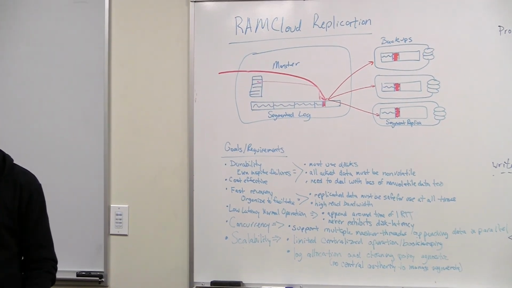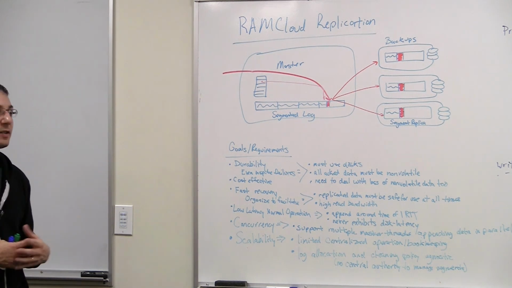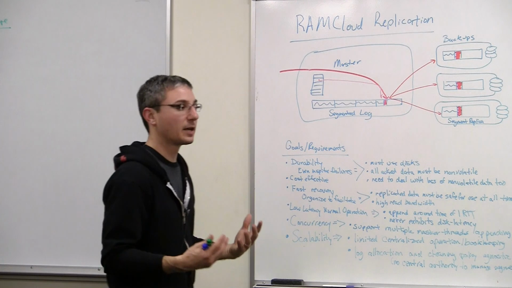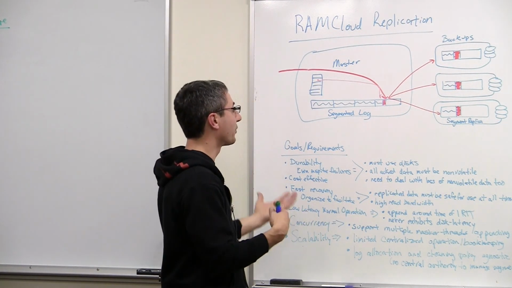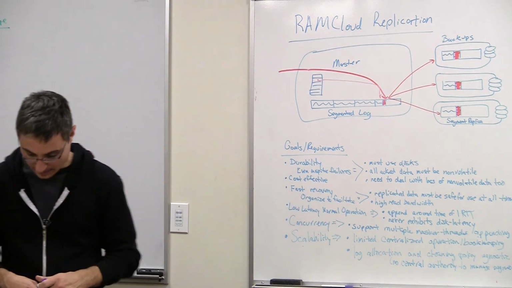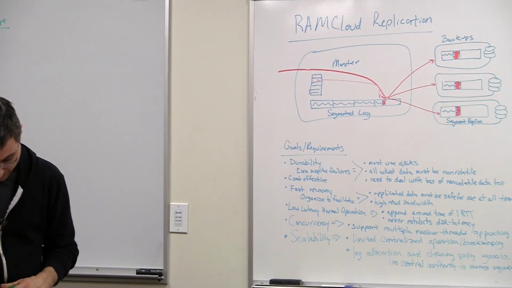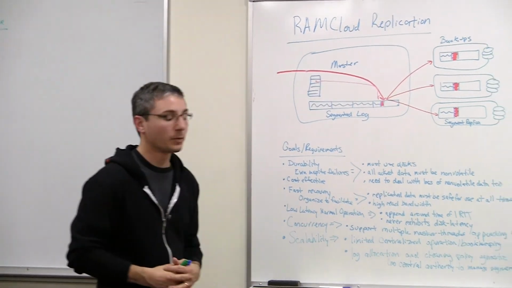Another interesting aspect is that we have a decentralized way of verifying the integrity of the log, which allows us to have very high throughput without putting a lot of load on our coordinator, which is a great property. We still have this cool property that you can pretty much use any replica at any time in order to recover.